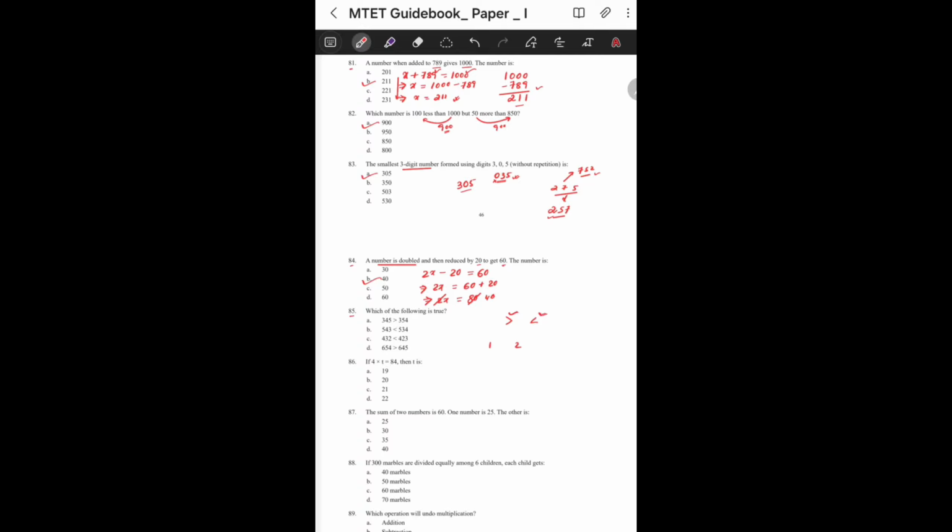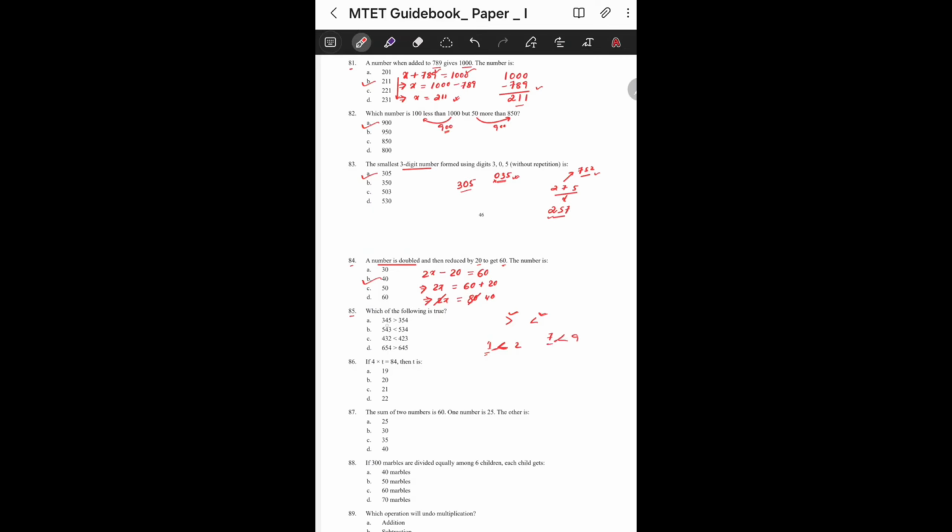Here 1 is less, that means the less than symbol will come here. Remember one thing, this arrow sign will be on the side of the small number. Suppose 7 is given here and 9 here, again we will give the less than symbol. The side of this arrow will always be on the side of the small number.